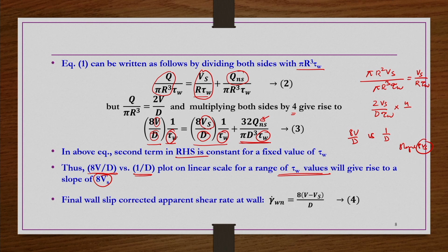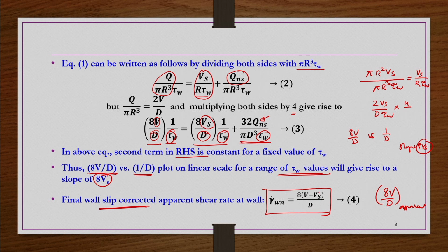Okay. So, now the final wall slip corrected apparent shear rate would be nothing but 8 (V minus Vs) by D. Actually 8 V by D is nothing but the apparent or nominal wall shear rate, is it not?